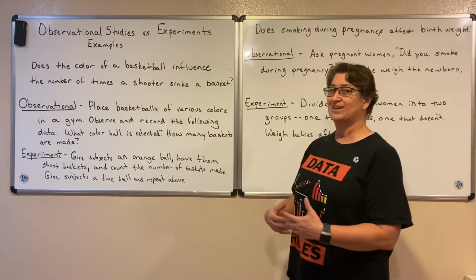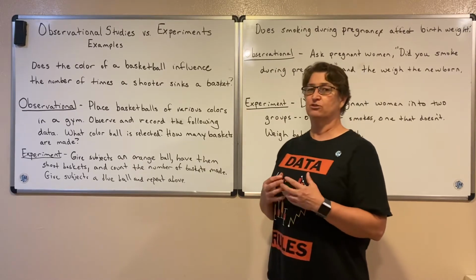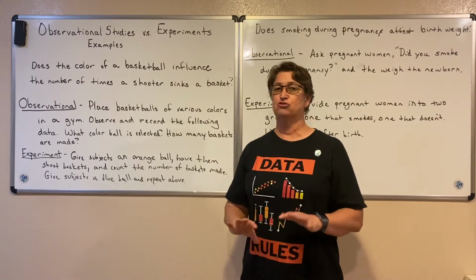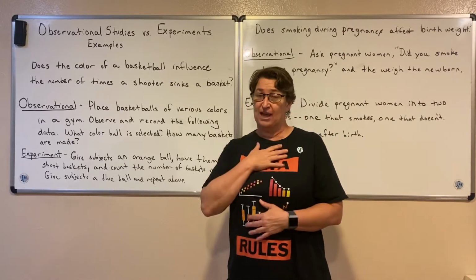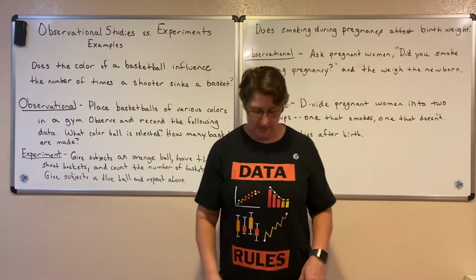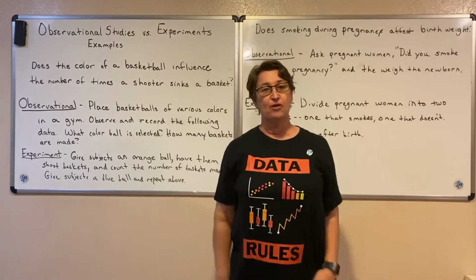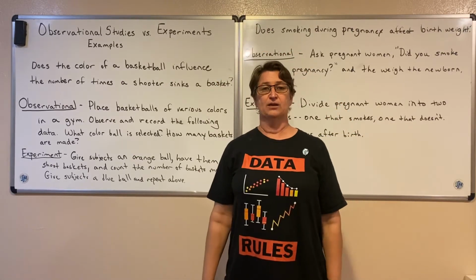Here, instead of allowing them to choose their own basketball, I'm going to give the same subject two balls. First, I'm going to give him an orange ball, and I'm going to have him stand in a certain spot and shoot baskets and count how many he does correctly, or she.